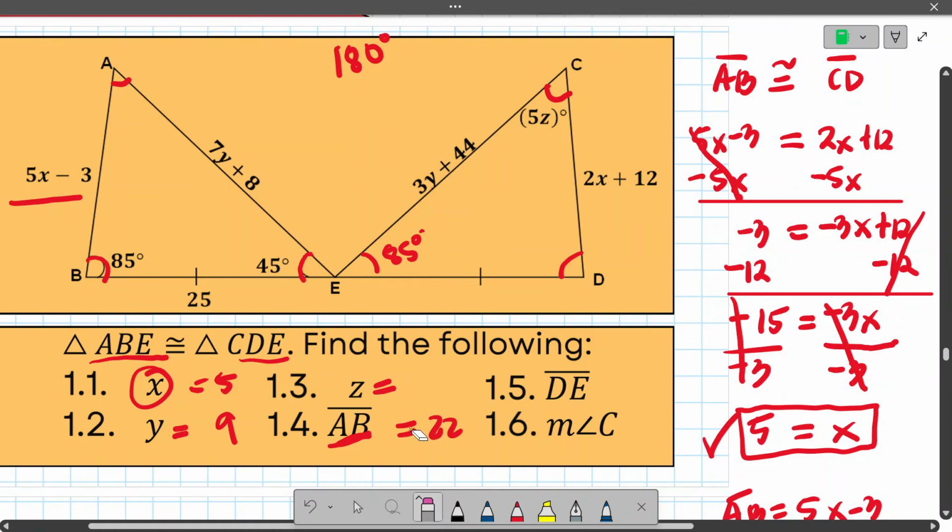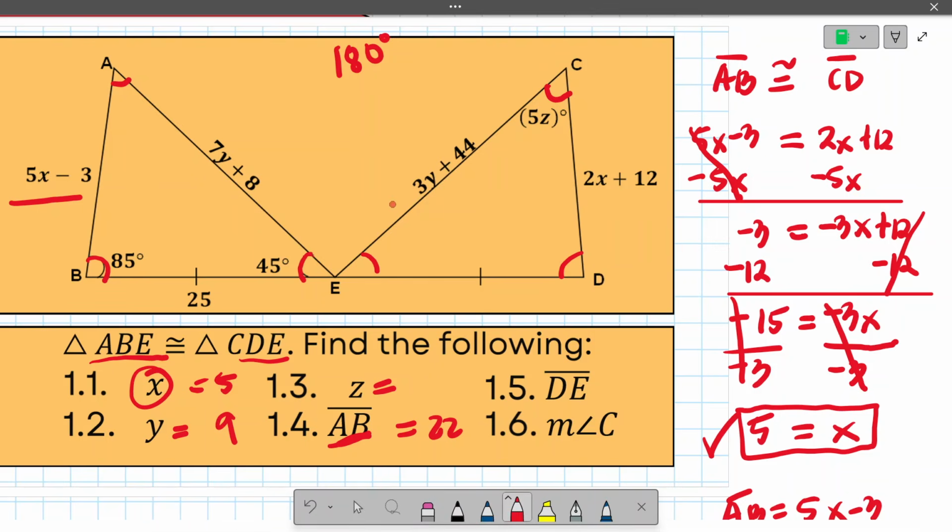Eto pala si E ay the same with E because they are the same angle. So this would measure as 45 degree, and then B and D are of the same measurement, which is 85 degree.